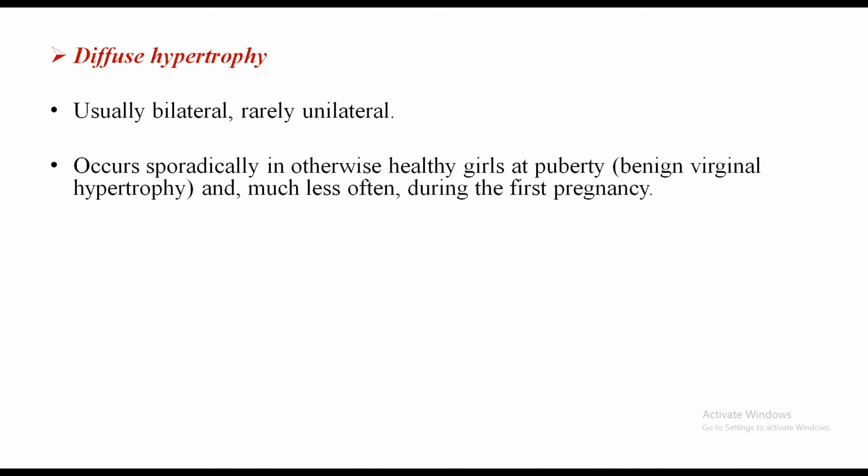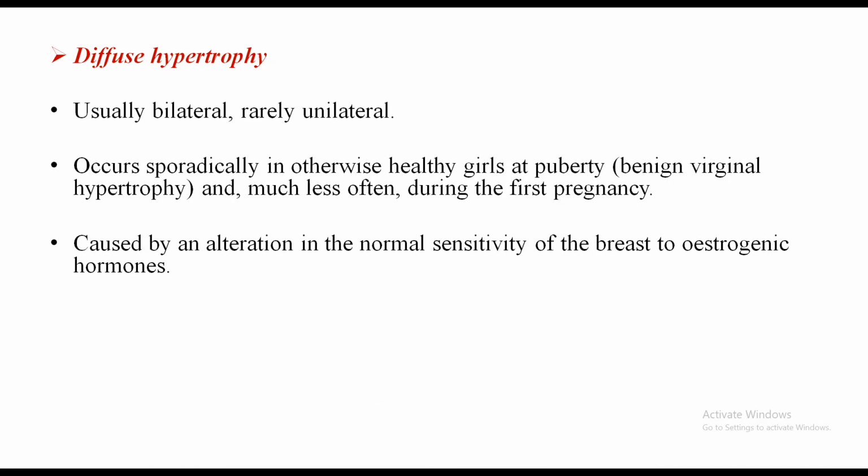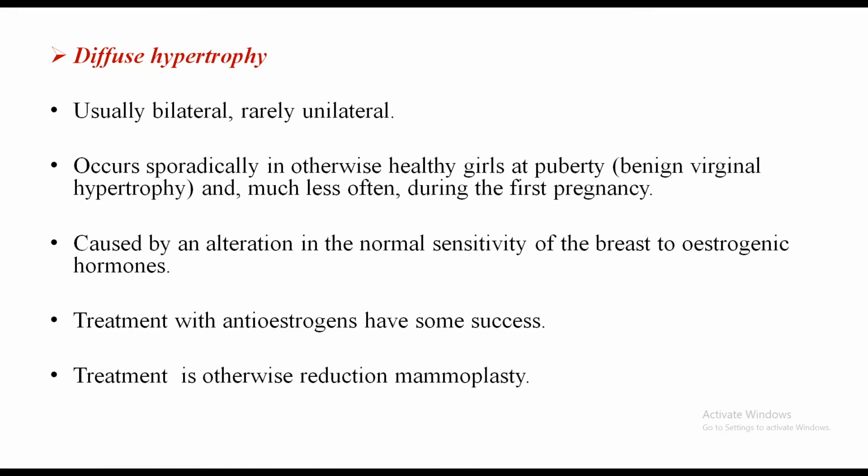It occurs sporadically in otherwise healthy girls at puberty. That is called benign virginal hypertrophy, and it is much less often seen during the first pregnancy. It is caused by alteration in the normal sensitivity of the breast to estrogenic hormones.